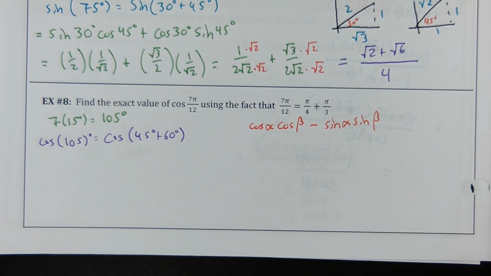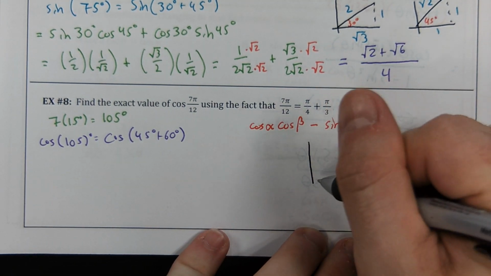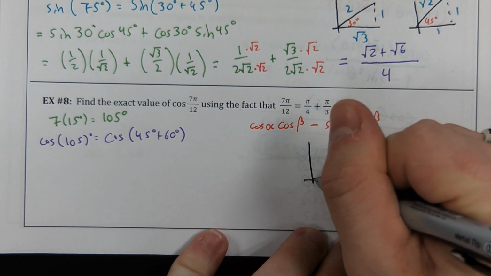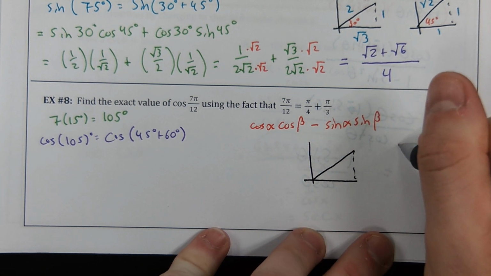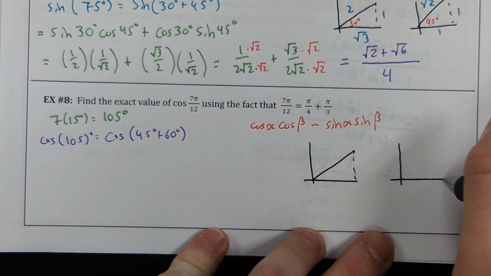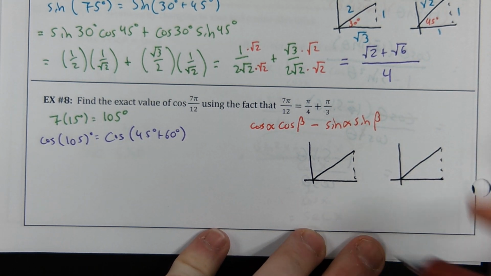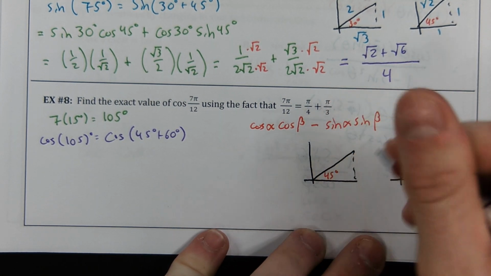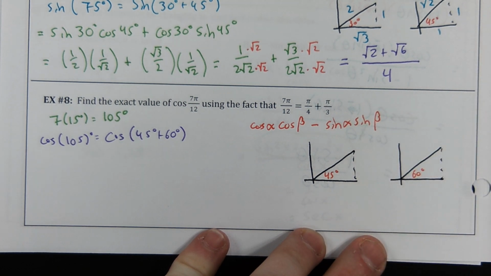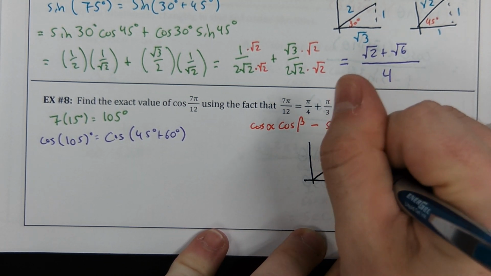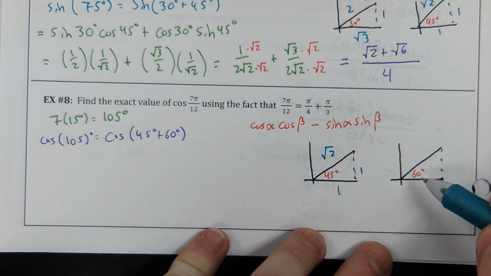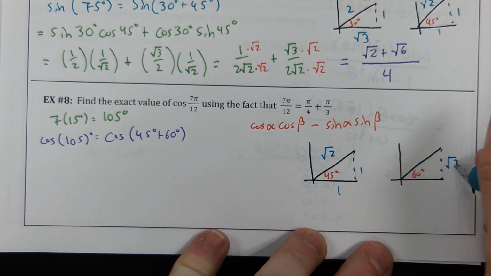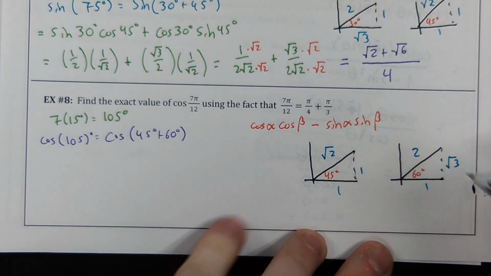That means I'm going to need the right triangle for 45 and the right triangle for 60. If this is 60, across from it's the root 3. There we go.